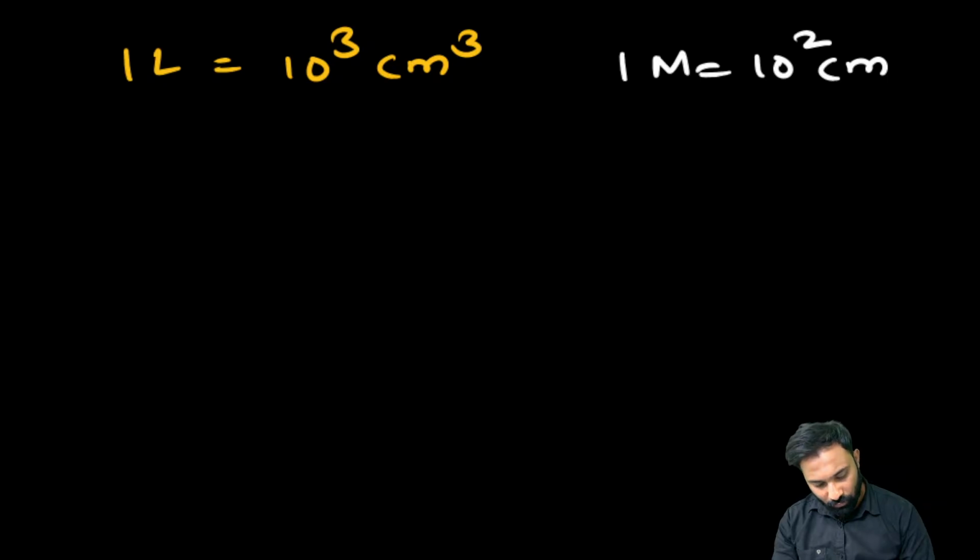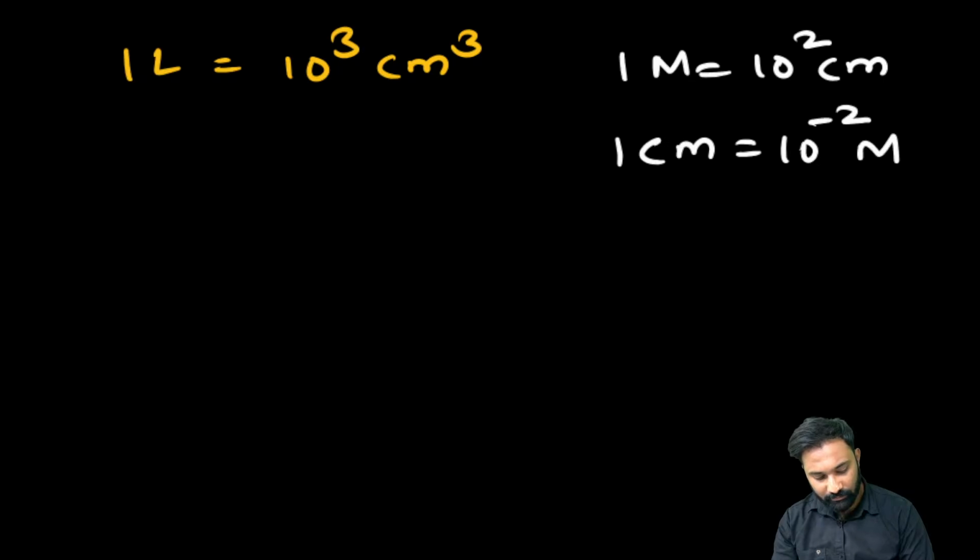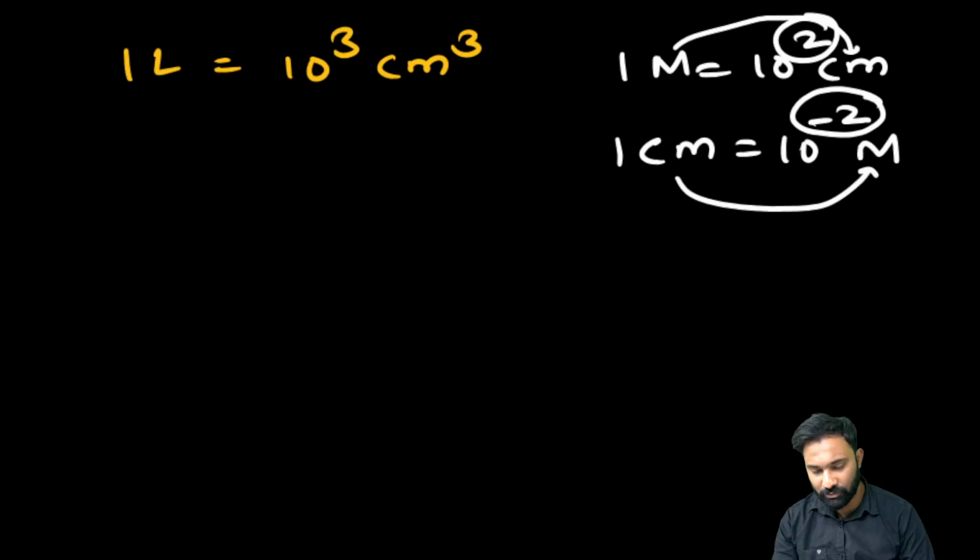Now 1 centimeter is equal to 10 to the power minus 2 meter. From the bigger unit to the smaller unit, the power will vary in the positive. From the smaller unit to the bigger unit, the power will be 10 to the power negative. I hope it is clear for everyone.